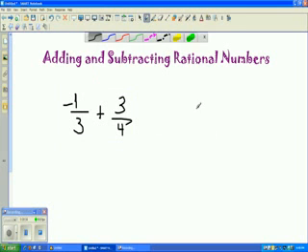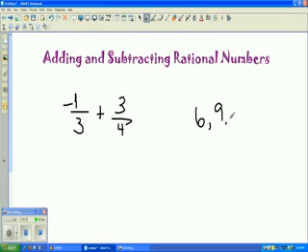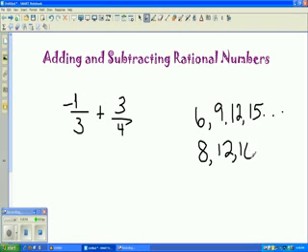So for example, with the thirds, we could break it into sixths, we could break it into ninths, we could break it into twelfths, we could break it into 15ths, and so on and so forth. With the fourths, after fourths, we could break it into eighths, and then we could break it into twelfths, and then we could break it into 16ths, and so on and so forth.